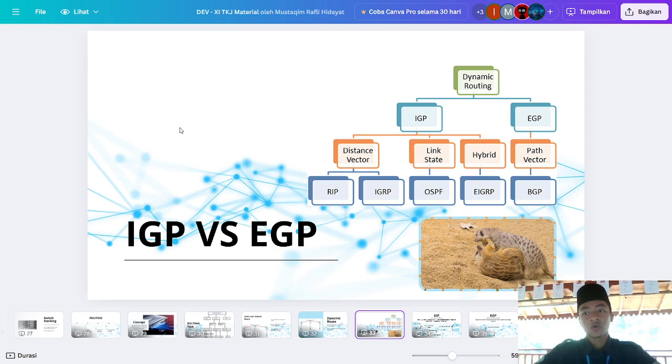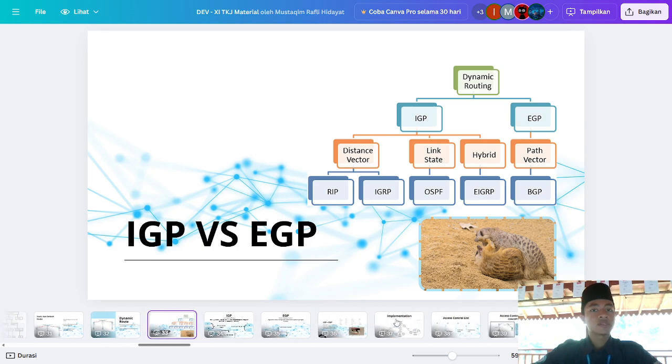You get it? There is only one EGP out there called BGP, which uses path vector, and EIGRP is hybrid, or advanced distance vector, using both distance vector and link state. If you want further explanation, you had better search on Google, because that's CCNA material.